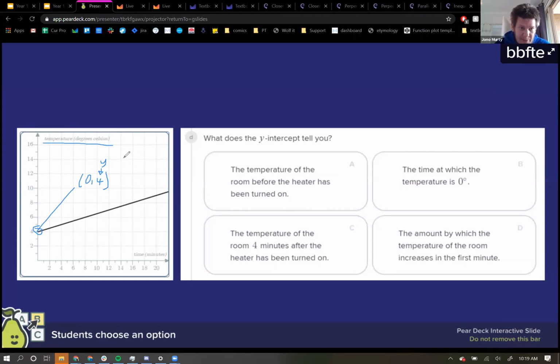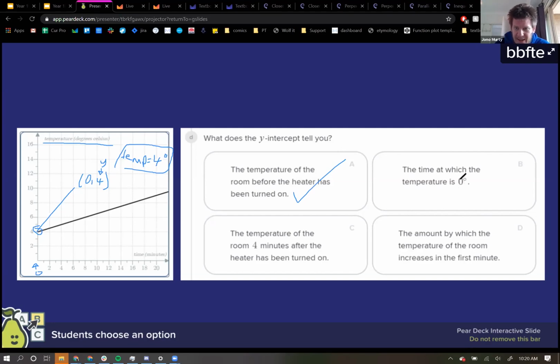So that means that the temperature is 4 degrees at this point. And the time here is 0. So after 0 minutes, the temperature is 4 degrees. So that is this answer here: the temperature of the room before the heater has been turned on.